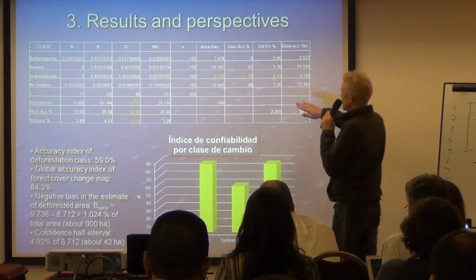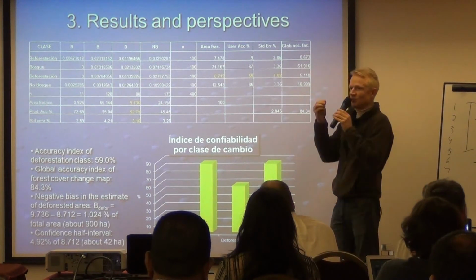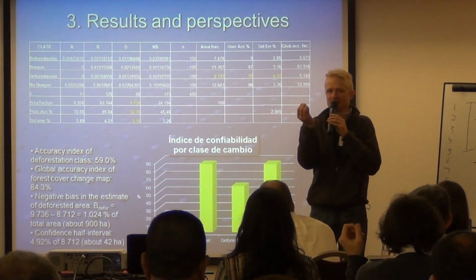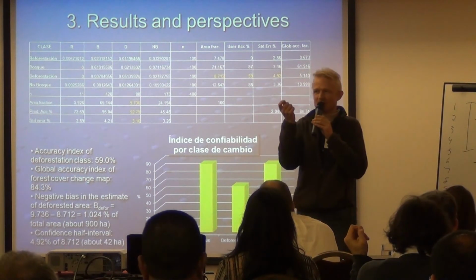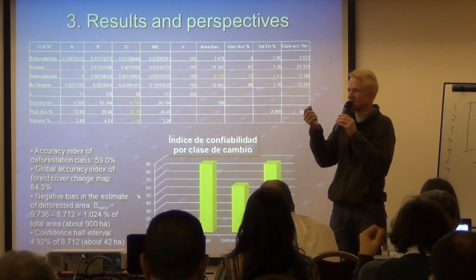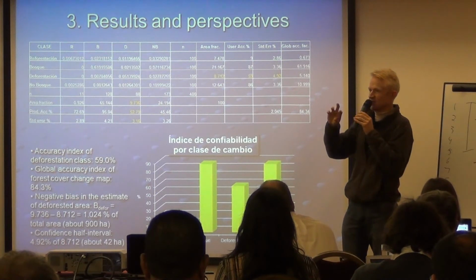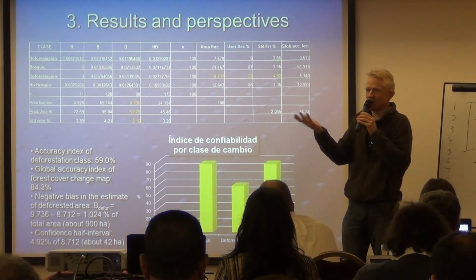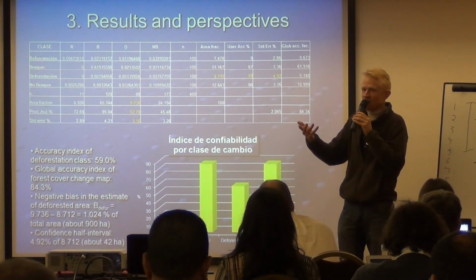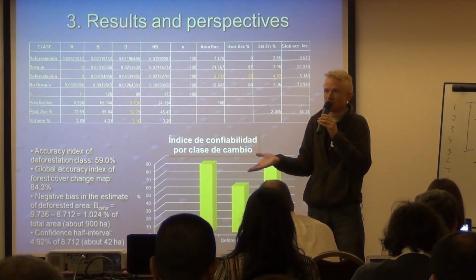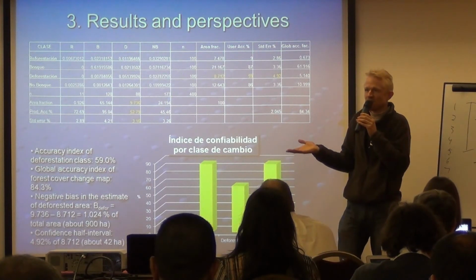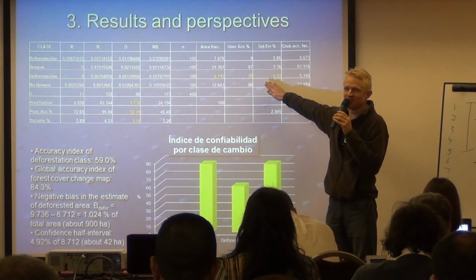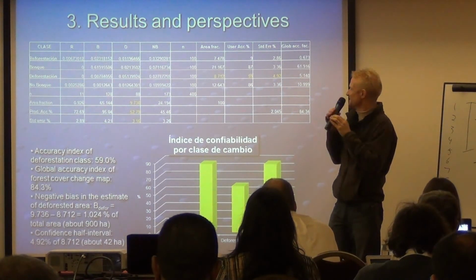If this figure, where the variable that I'm assessing in terms of accuracy is the deforestation class, can translate into surface and half interval of surface, which we are interested in terms of carbon content. So this is the other question that I have for the audience.